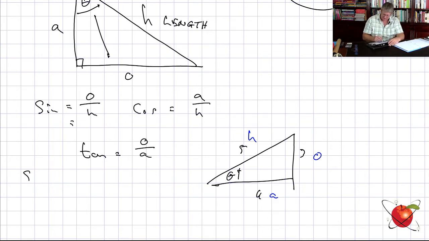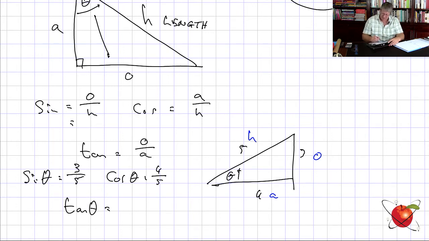Let's look at it here. Sine of theta is equal to opposite over hypotenuse, which is 3 over 5. Cos of theta is adjacent over hypotenuse, 4 over 5. And lastly, tan of theta is opposite over adjacent.